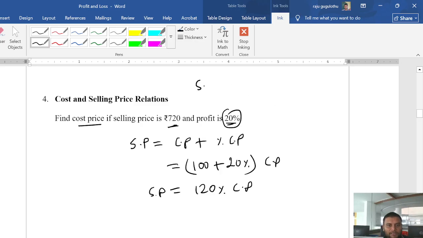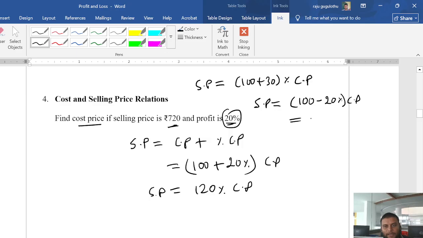Let us say if I want 30% profit, then I will have to write 100 plus 30% profit of CP. Let us say if I am selling an article at 20% loss, then my selling price will be 100 minus 20% loss on CP. It will become 80% of cost price.